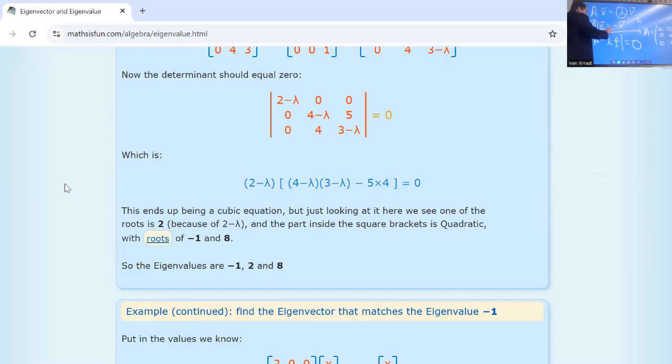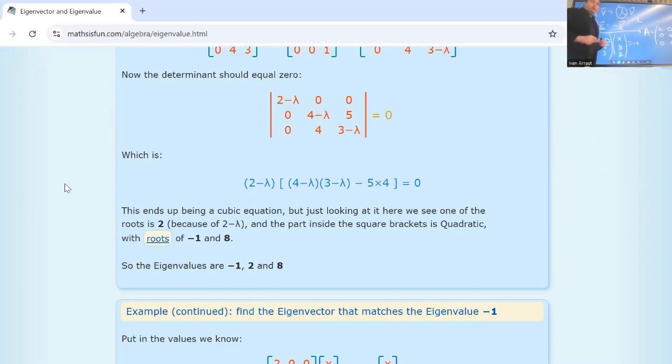So I put this matrix here, and I work with this equation. I want to find the values of this. And this has 3 components. How do I know? Because the matrix is 3 times 3. The eigenvector I can represent explicitly as x, y, z, and the eigenvalue lambda is minus 1.